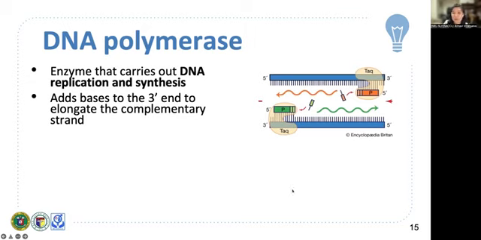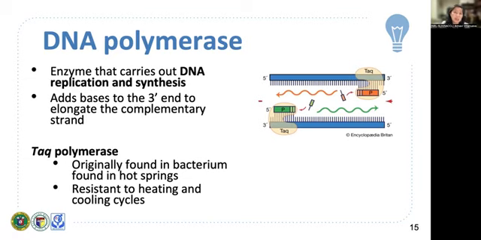So it's very important na yung Taq polymerase mo, since it's an enzyme, it's quite sensitive to degradation. So very important na we maintain its integrity during our PCR preparation. And the most commonly used enzyme is your Taq polymerase.